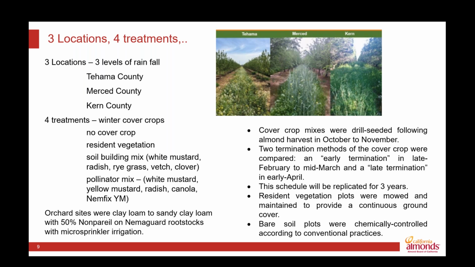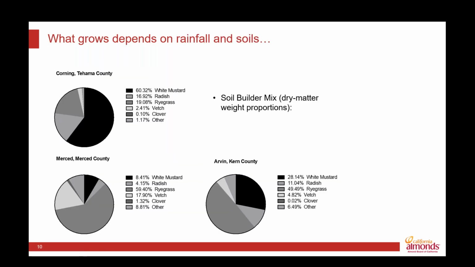So again, that just gives you a sense of what this was, a serious effort to really look at what impact it has if we put cover crops in different parts of the state in almond growing. And a key one, and this is something that people have been learning, is that what grows depends on your rainfall and soil.